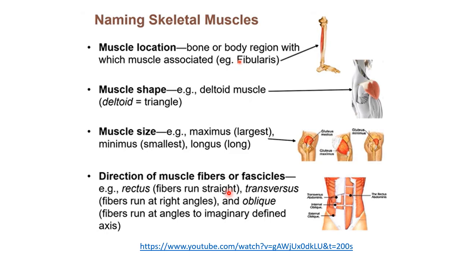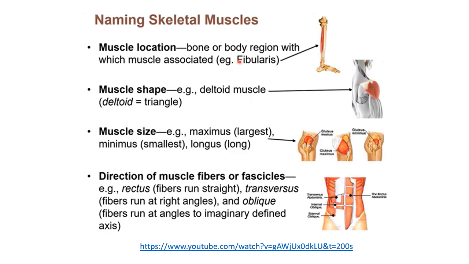You can have transversus. Those are running at right angles. And you can have oblique fibers, which run at different angles that are defined based on the axis.